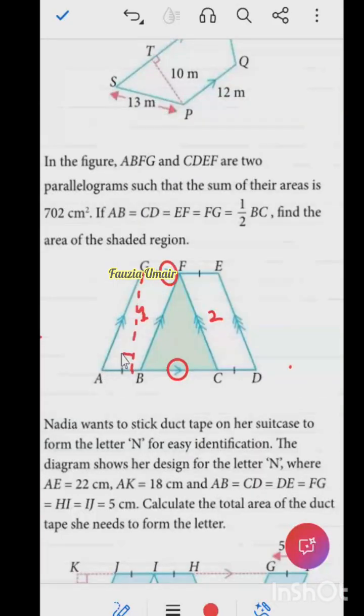So this height, I'm naming it H. So the parallelogram's total area is 351 centimeter square. Okay, the area is 351 centimeter square, and the base is AB, right? AB is the base. So now what is the height? We have named this height as H. Okay, so now we can just write it down in here.